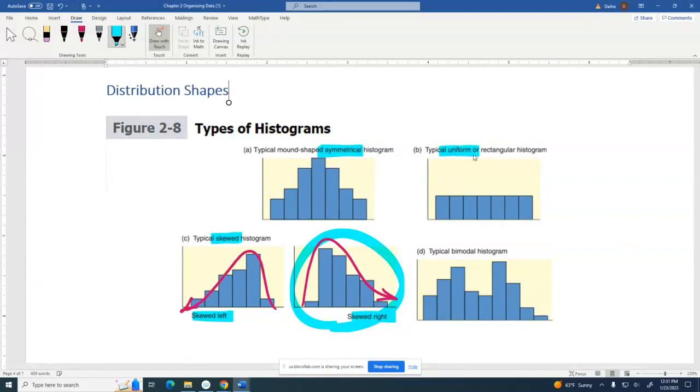And this one is uniformly distributed, which we briefly describe as a rectangle. And this one is bimodal. You know what the meaning of bi is? Two. One and two peaks, a bimodal, right? So the reason why we organize the data and picture it is because we want to show the shape of the distribution.